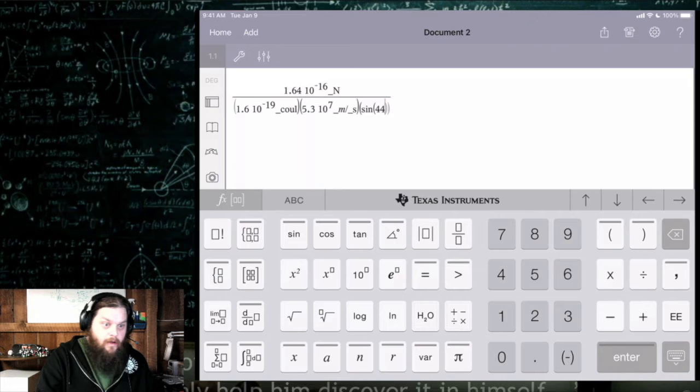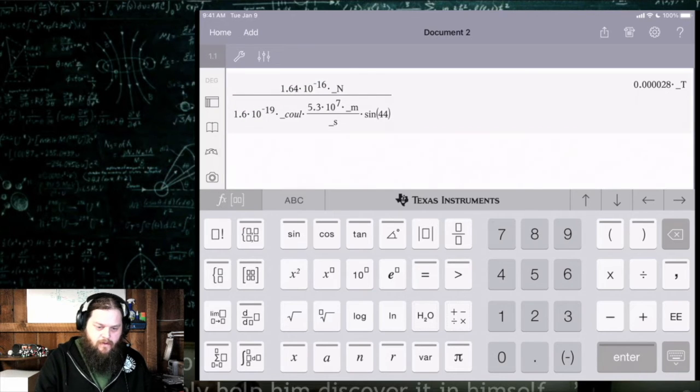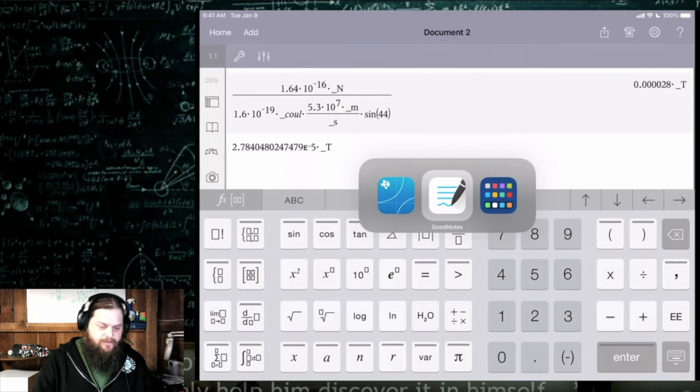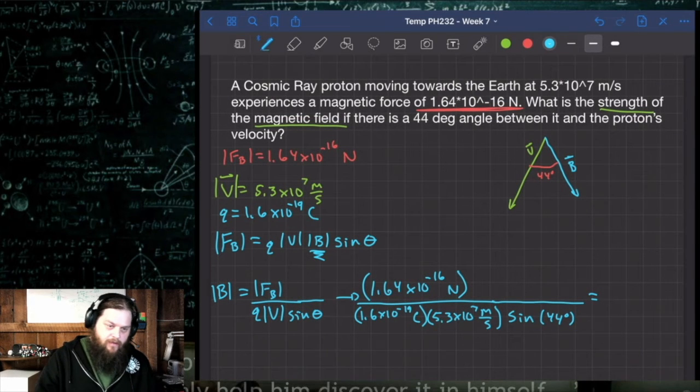And I hope I'm in degrees. We get about 2.78 times 10 to the negative 5th Tesla. Tesla is the unit of a magnetic field. So I'll just say it's 2.78 times 10 to the negative 5 Tesla.